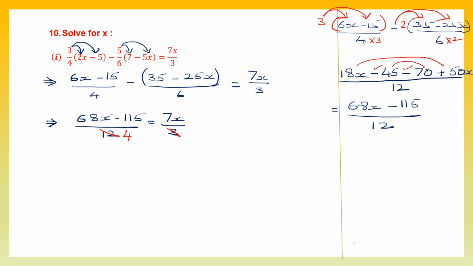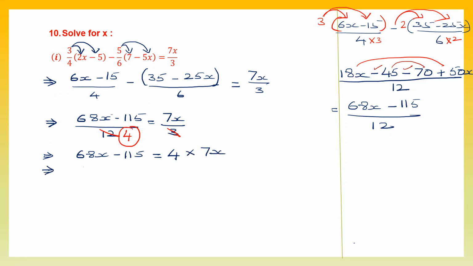So 3 1s are 3, that gets cancelled. So now I can transpose 4 to the right-hand side. It becomes multiplication. So on my left-hand side I will have 68x minus 115, and on the right-hand side, since I'm transposing it, it becomes 4 into 7x.